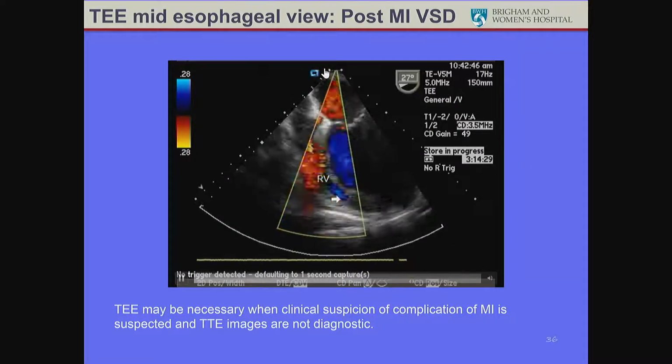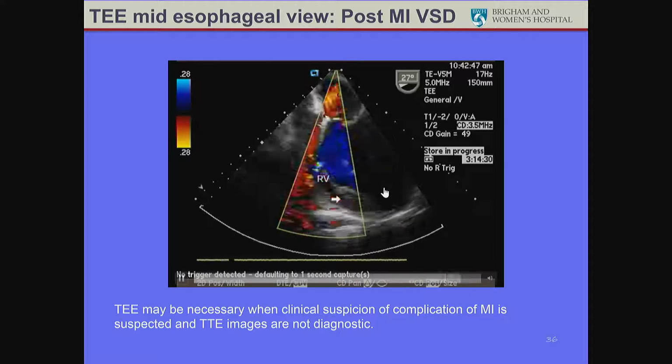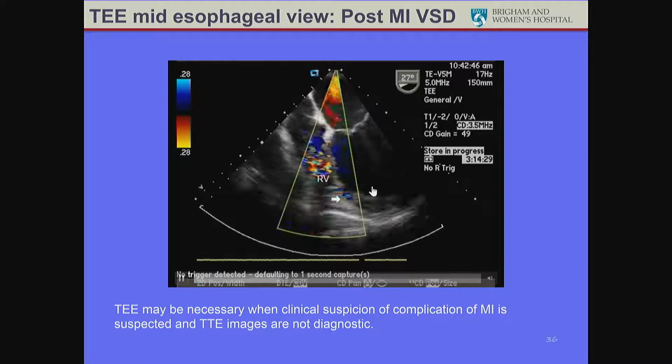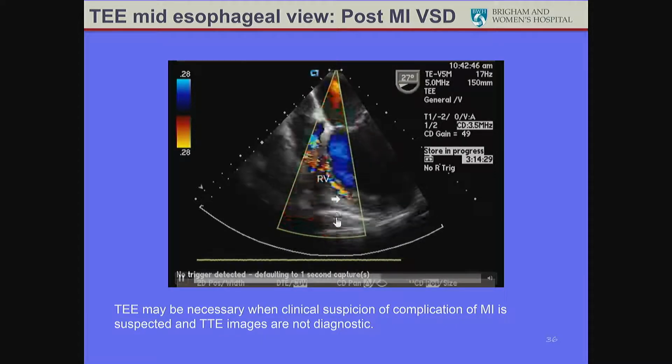This image here is a mid-esophageal 4-chamber view with color Doppler of the same patient with a post-MI VSD, demonstrating turbulent flow in the right ventricle.